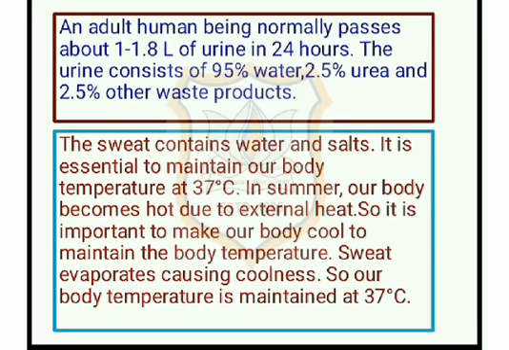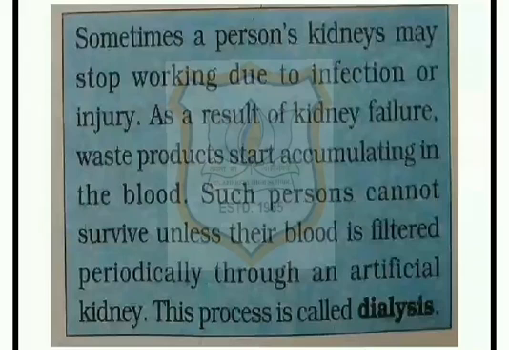It is essential to maintain our body temperature at 37 degrees Celsius. In summer, our body becomes hot due to external heat. So it is important to make our body cool to maintain the body temperature. Sweat evaporates, causing coolness. So our body temperature is maintained at 37 degrees Celsius.